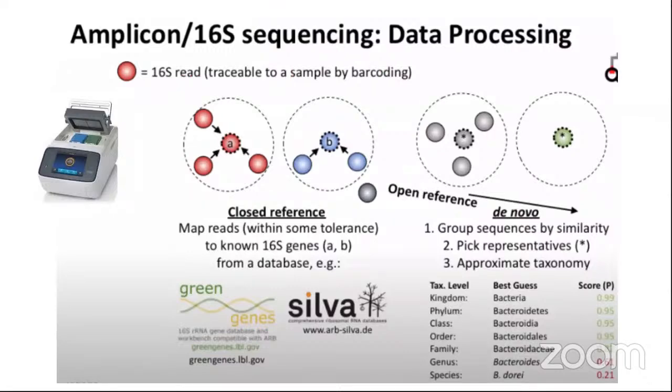If you are going for 16S amplicon based data procurement, you can either go for a closed reference study, or you can go for a de novo assembly.